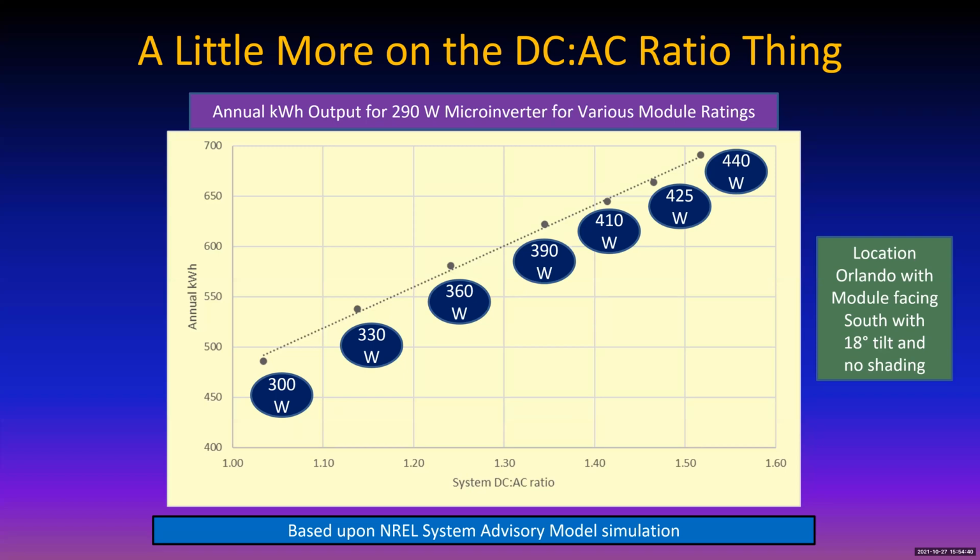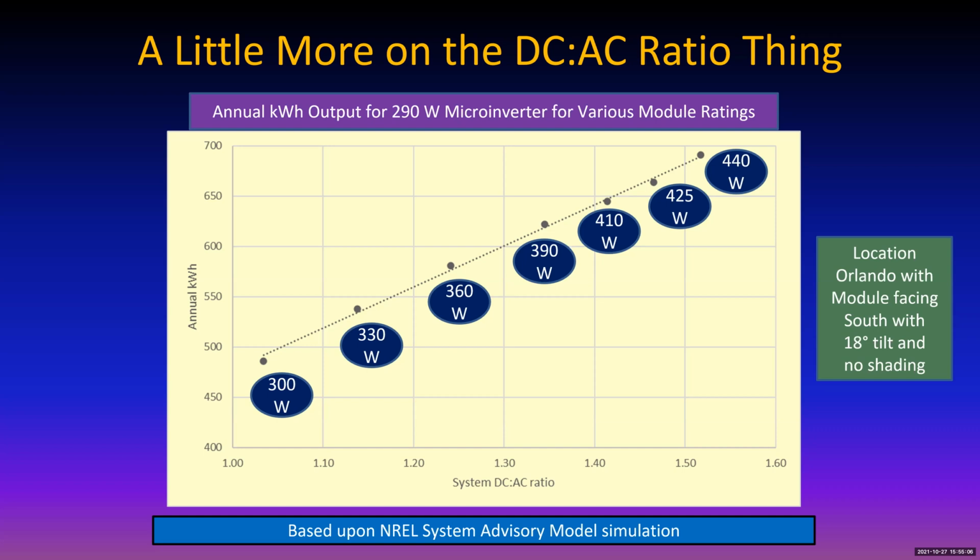So when the manufacturer says you can put 150% more DC on my inverter than my AC rating, and I will still make you happy and convert all of the available sunlight into electricity, it is pretty much true. The loss up there near the 1.5 range is about 1%.